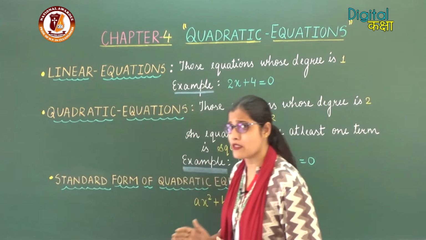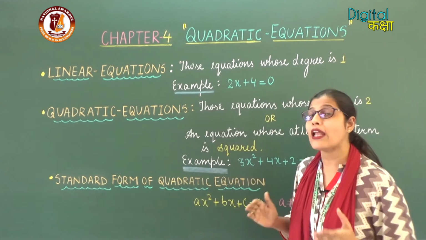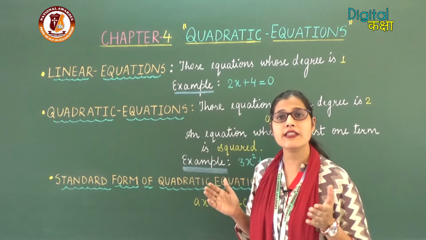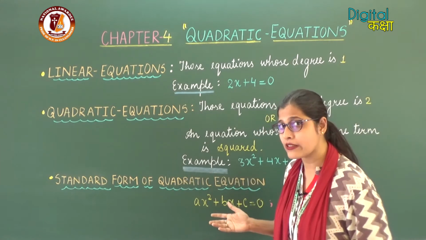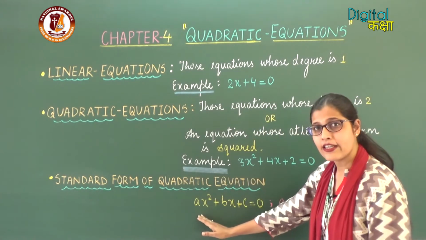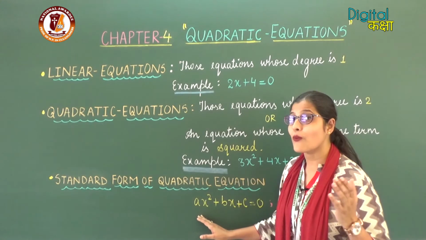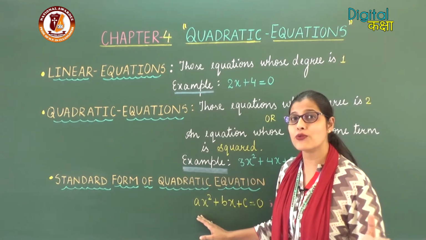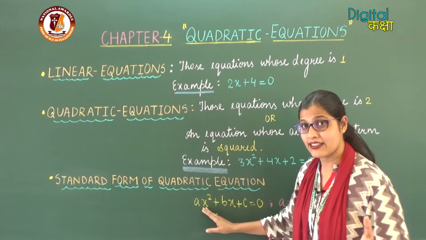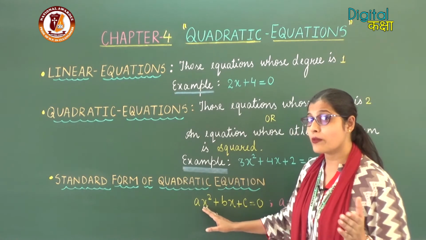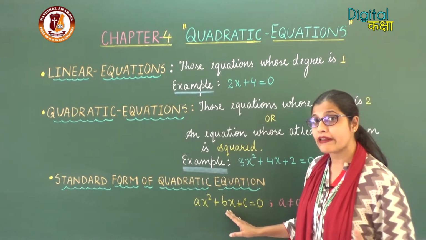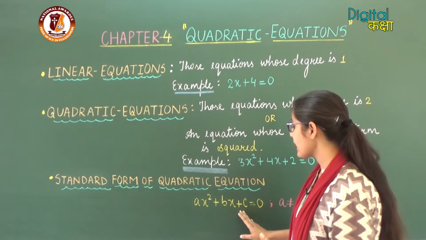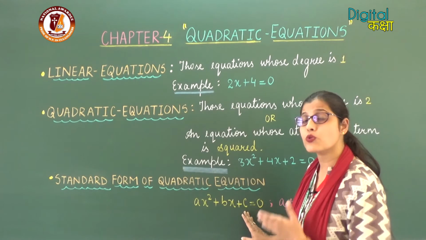If it happens that the value of a becomes 0, then what will happen? If I substitute a equals 0, then the first term will become 0 and our equation will be written as bx plus c equals 0.